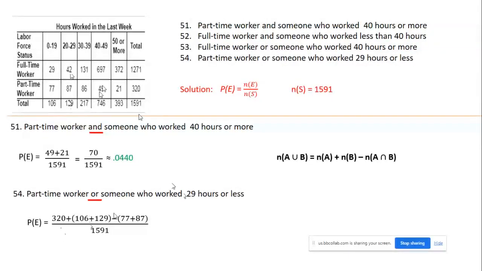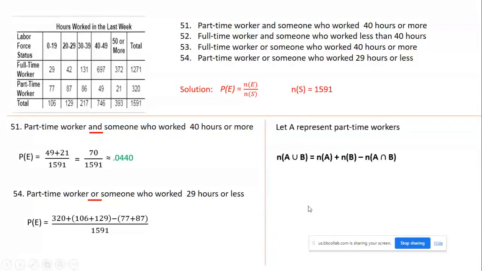We're adding those two, but we have to subtract the duplicates, right? So what are the duplicates? The duplicates for the part-timers is that 77 value from the 320, and we also want to subtract the 87, the part-time workers that have worked from 20 to 29 hours, right? So that is our intersection.